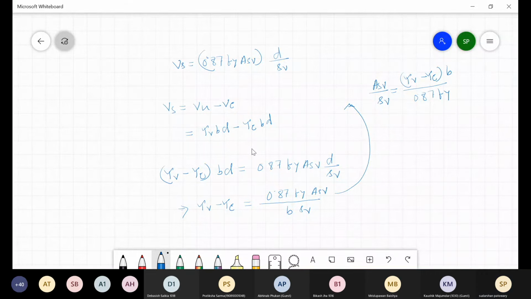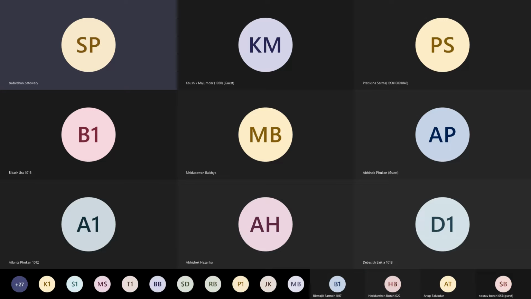Yes, sir. Let me show this in your IS 456 also. All these things are there in the IS 456. When you are solving your problem, you can easily find out where it is.